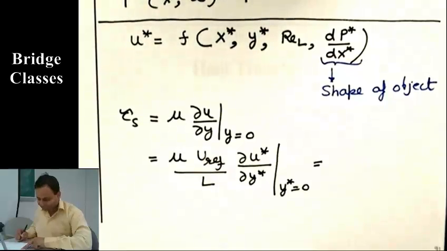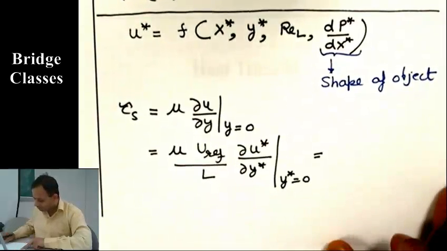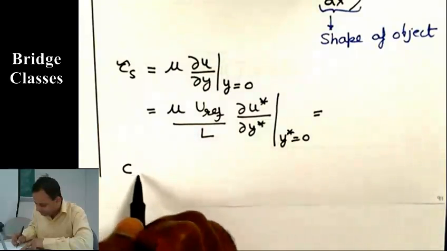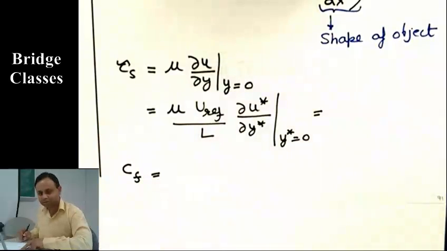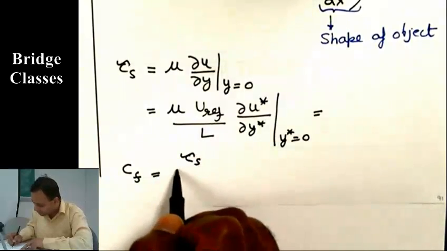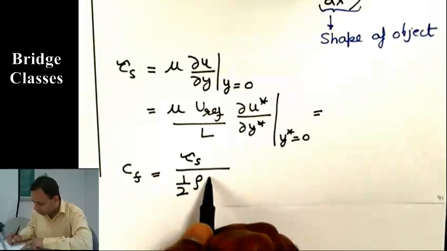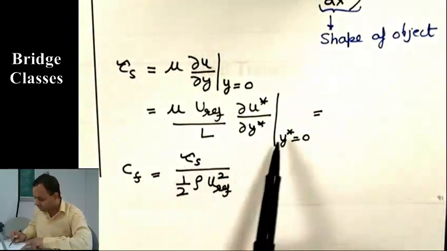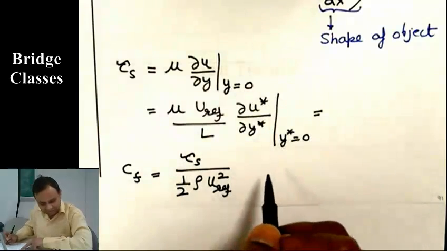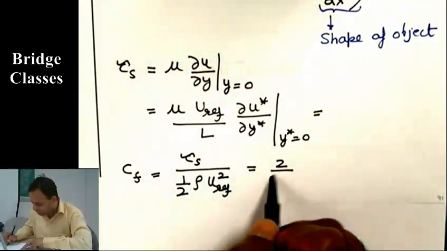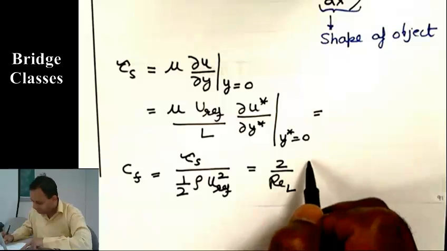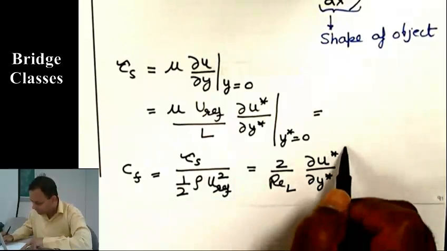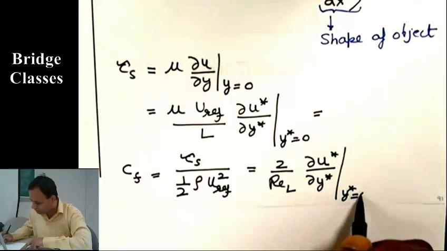And if we non-dimensionalize this and write CF, this is a local friction coefficient, as tau s over half rho u ref square, and substitute for tau s from this, you will get this equals twice over Reynolds number times del u star over del y star at y star equals 0.